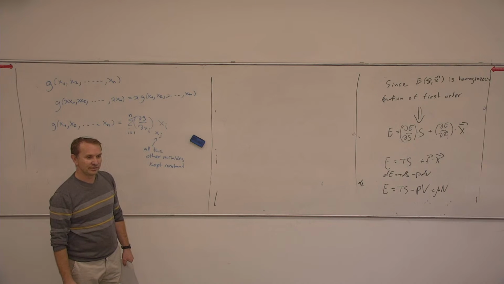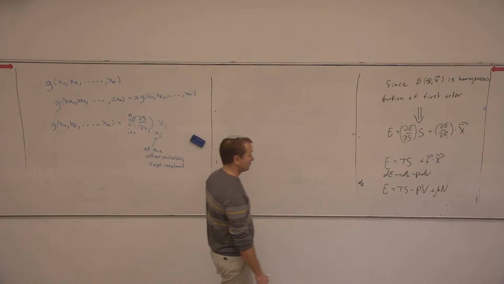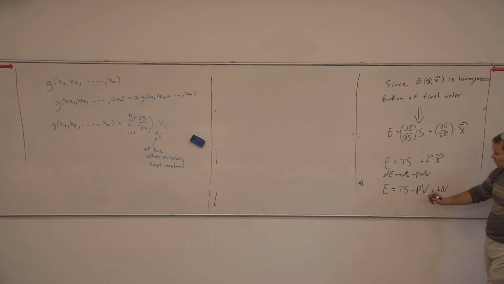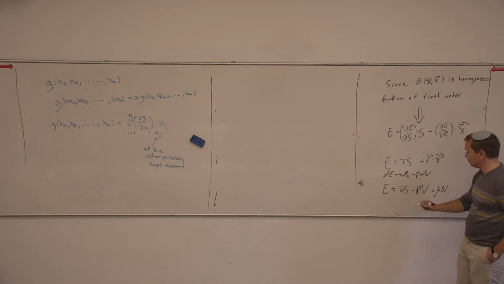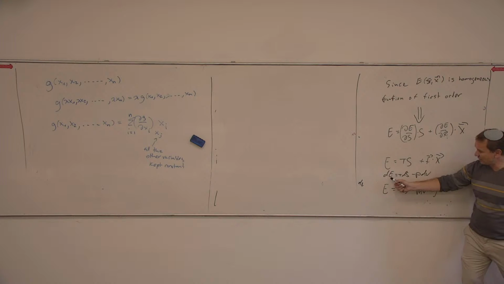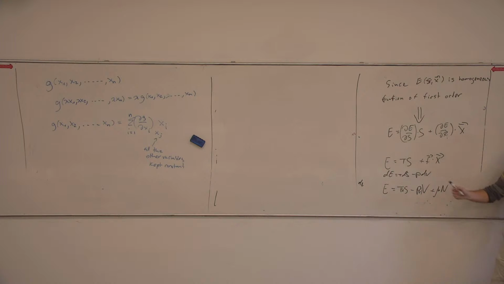So can't we take this form of E and write it as a function of T and P? No, because in order to write it down like this, you have to express T as a function of S and P as a function of V. Because the variables for which the energy is defined are S and V.